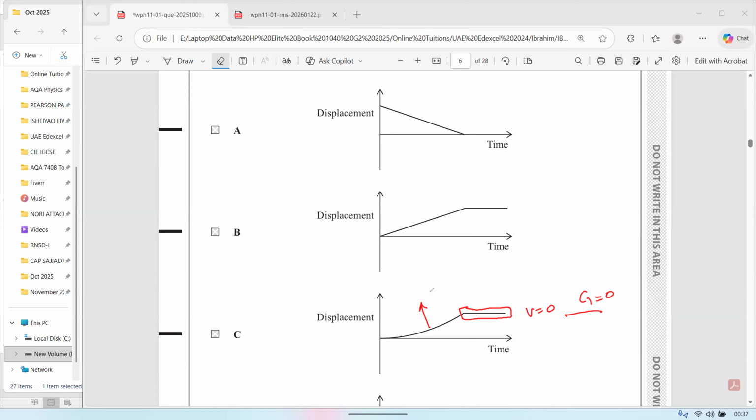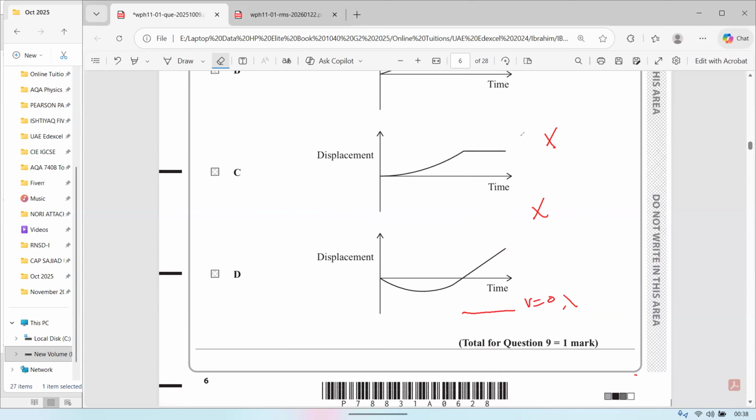So there should be a displacement keep on going that way, at a constant speed, not shaky, but at a straight line like this. Here the straight displacement line means the velocity is zero because the gradient of this line will be zero, which is not true as well. And after eliminating all answers, our answer is D.